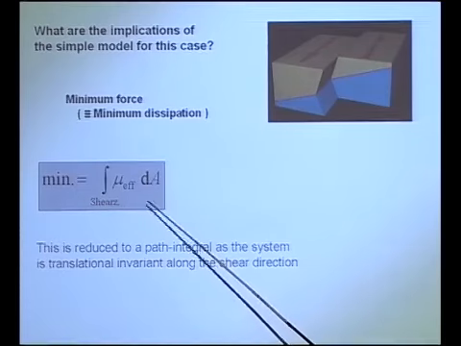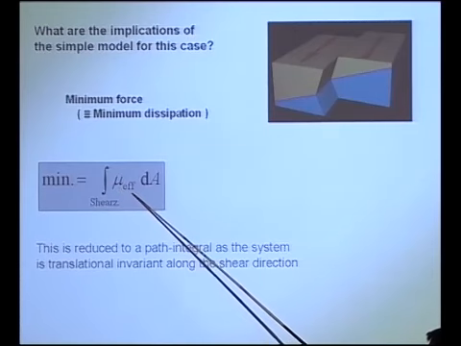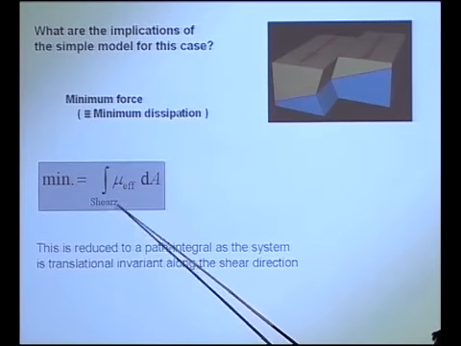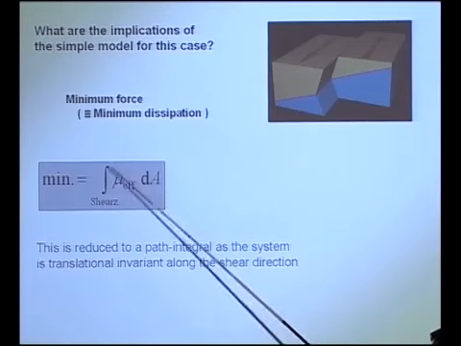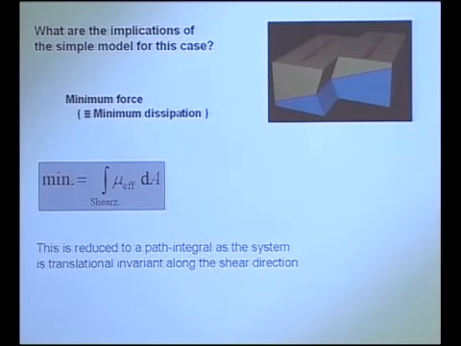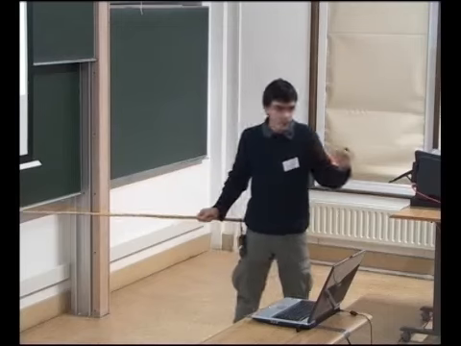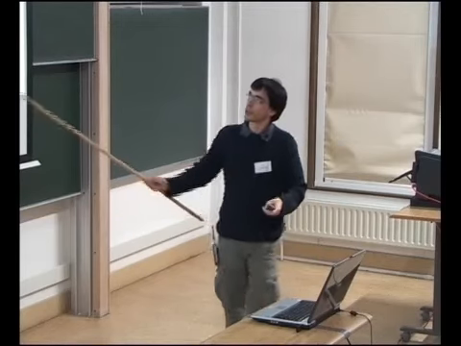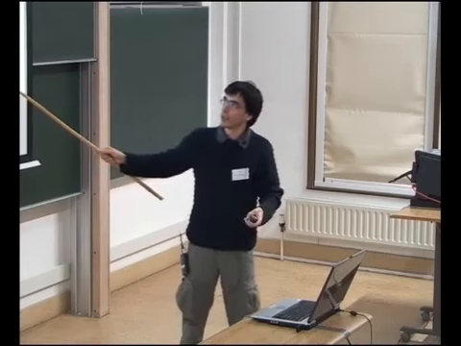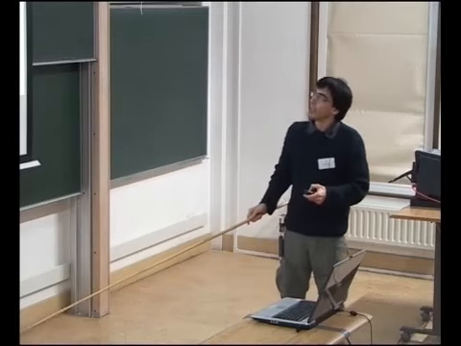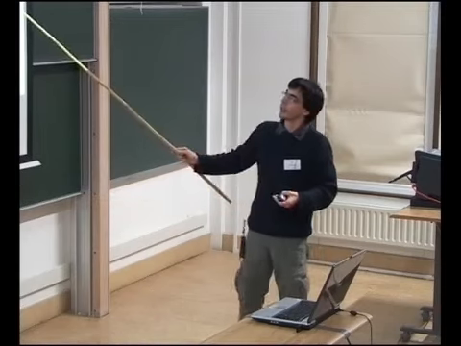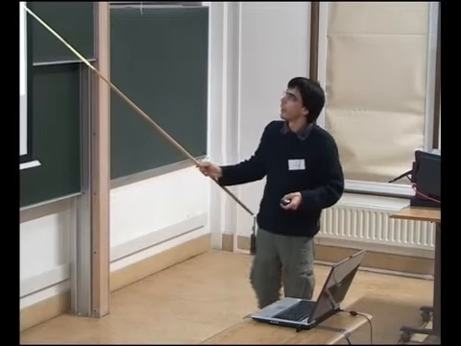Anyway, I would like to minimize the transmitted force, and I end up with this very simple integral. I have to integrate the effective friction over my test surface and minimize this expression. I can reduce it further if I take into account the symmetry in the sliding direction.